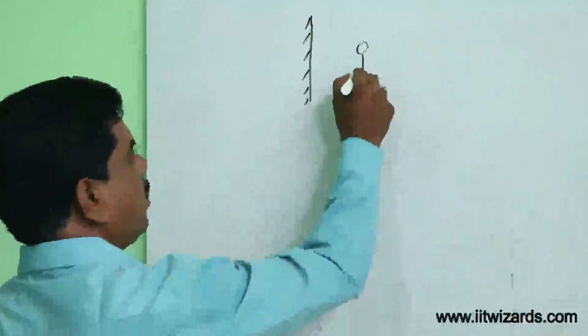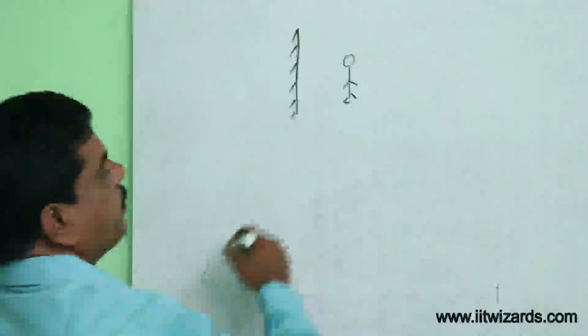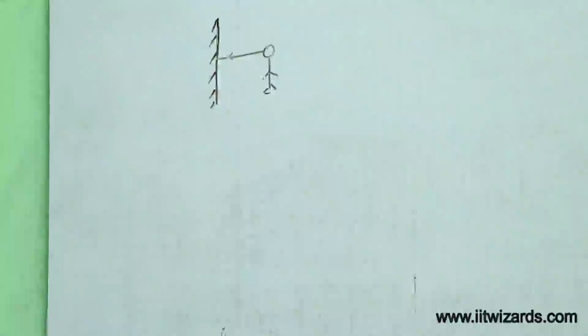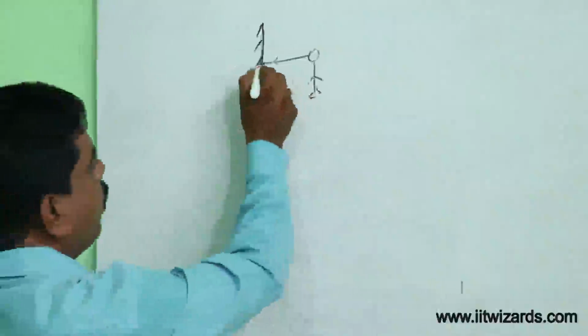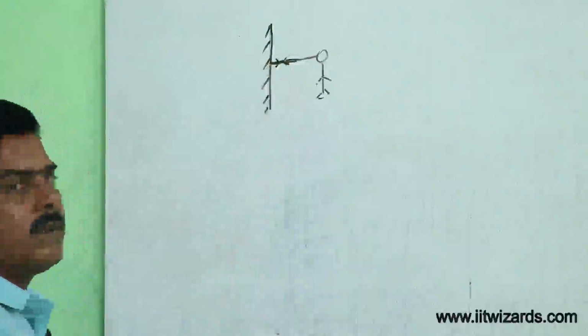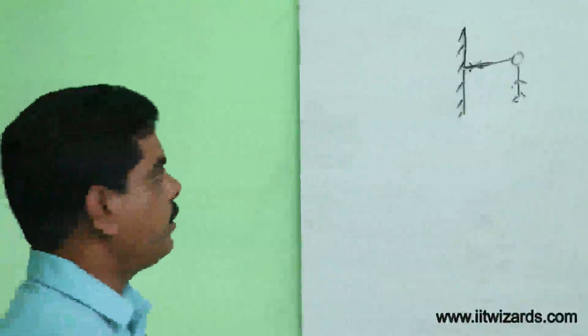A ray of light is incident onto the plane mirror. Here I am putting a ray exactly normal to the plane mirror, and this normal ray is reflected back in the same direction.